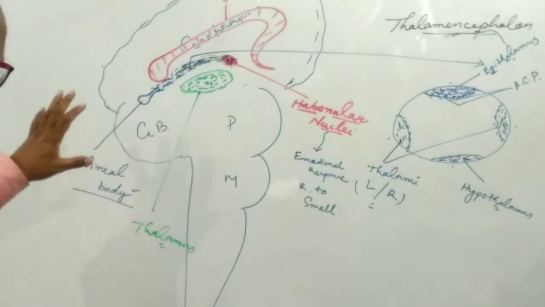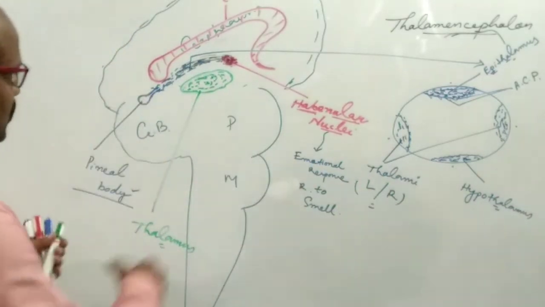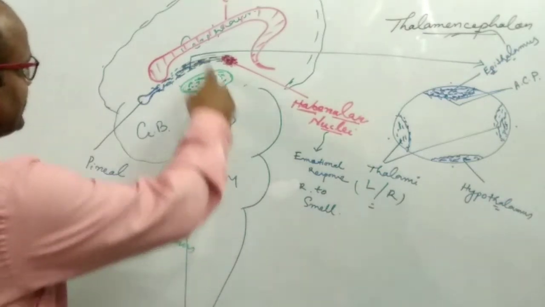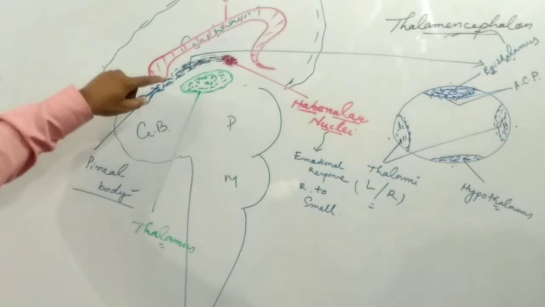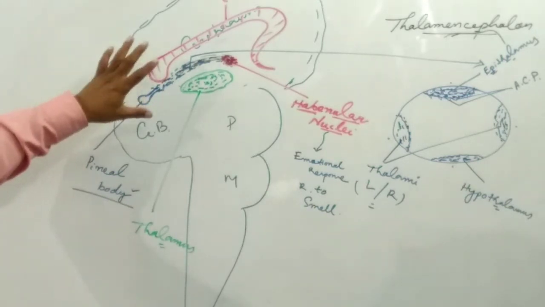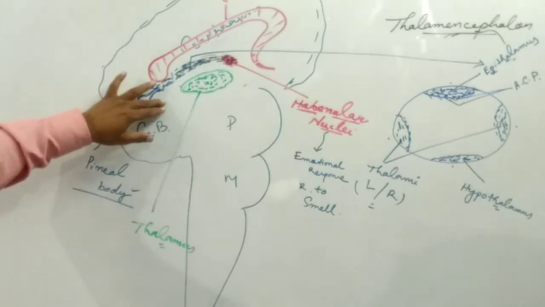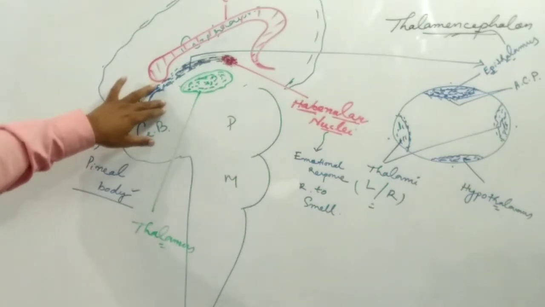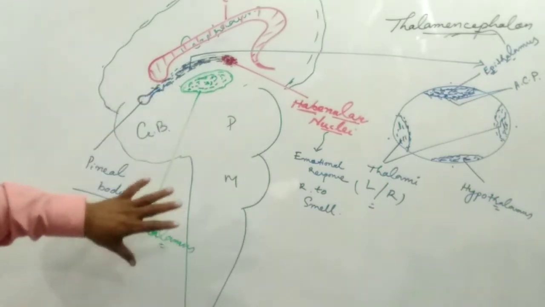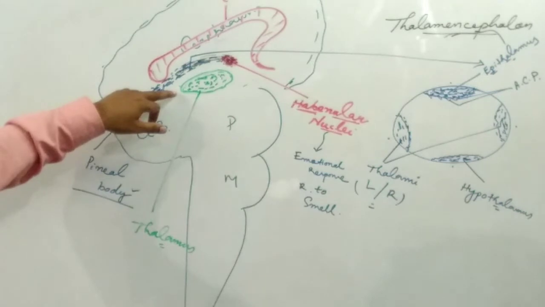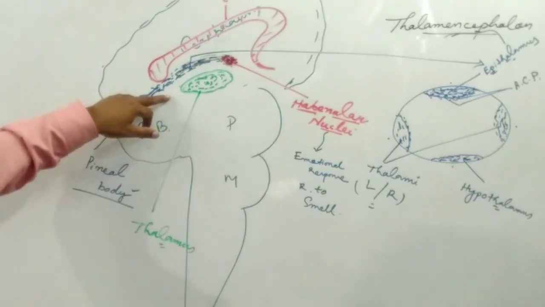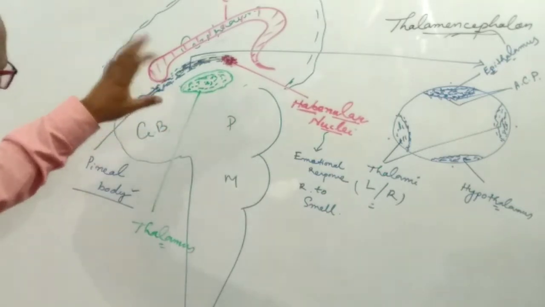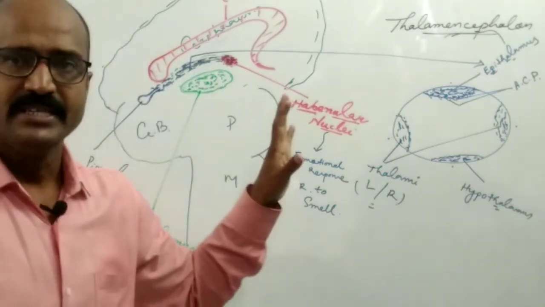Such thalamus is the actual relay center of the sensory impulses. Thalamus relays the sensations of hearing, visual, touch, pressure, pain, temperature, except olfactory sensation.